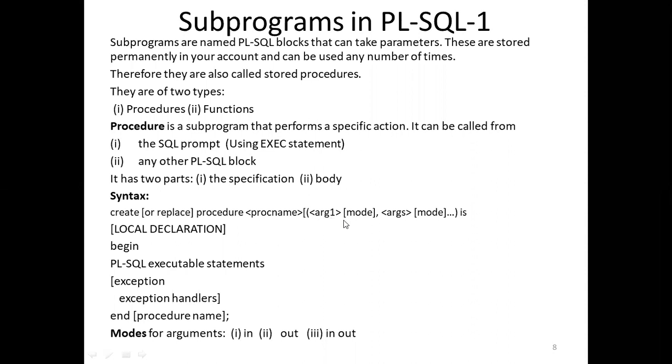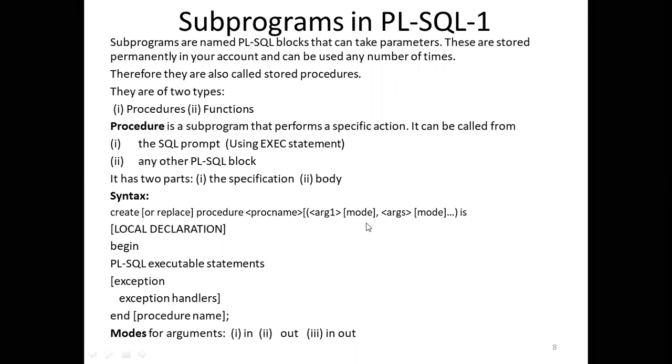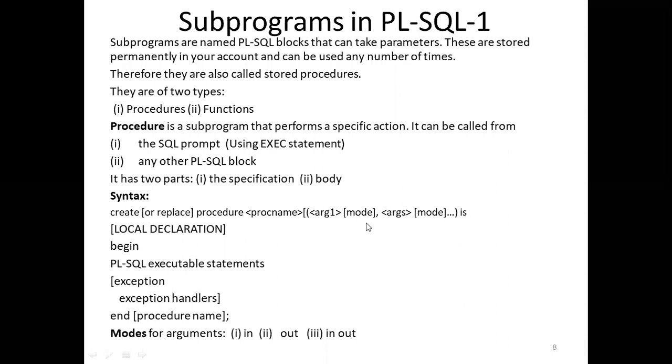An argument has a name, a mode, and a data type. So when I declare argument one, I must give its mode and its data type. If the mode is not given, it is assumed to be of type in. So we have three modes: in, out, and in out.